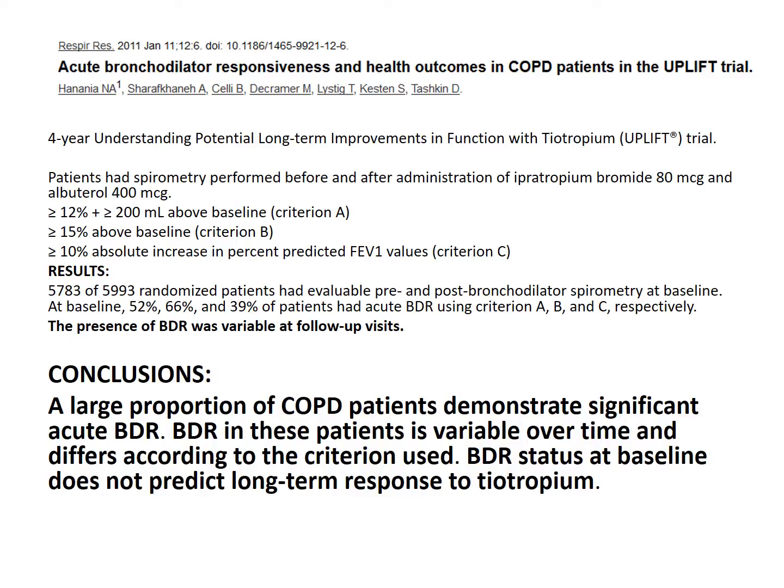The bronchodilator response in those patients is variable over time and differs according to the criteria used. The bronchodilator status at baseline did not predict long-term response to tiotropium, so it was useless at defining which patients would benefit from tiotropium.